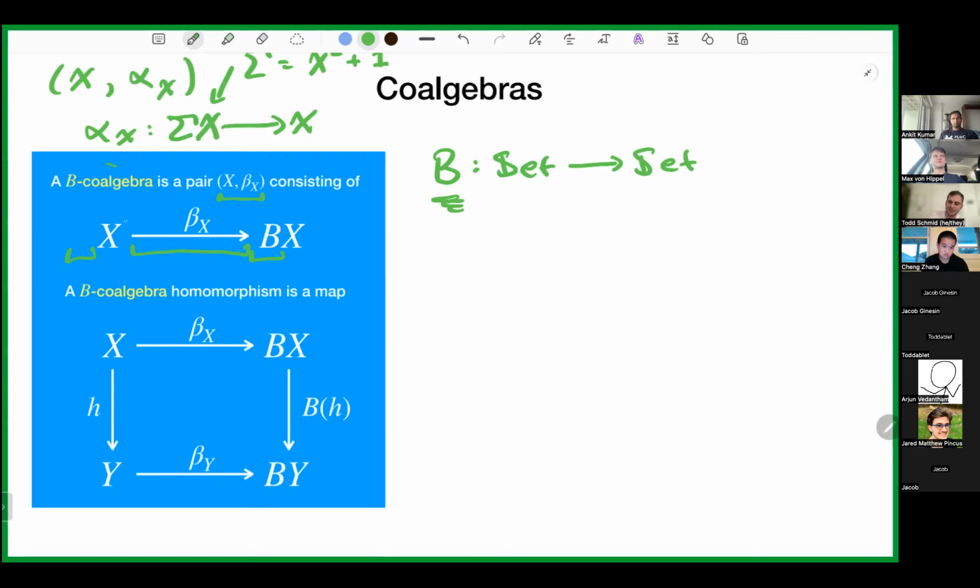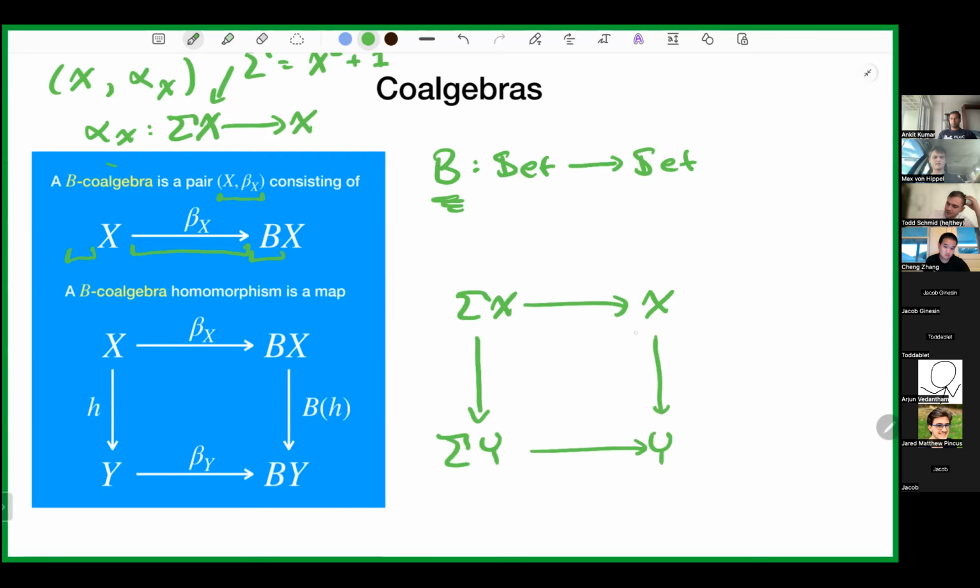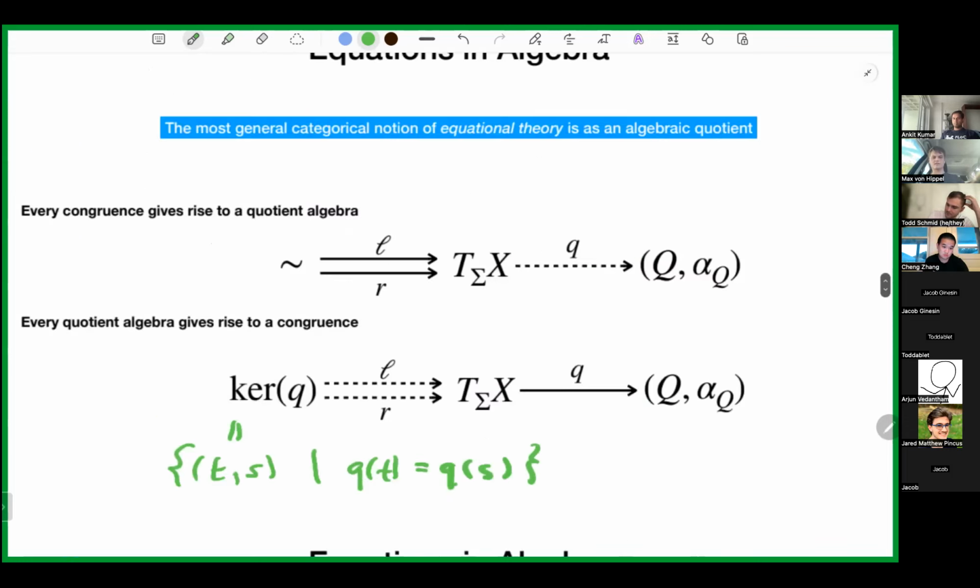That just takes each state to some computation of type B over the variables X. And a homomorphism of coalgebras actually flips the homomorphism of algebras picture around. So another way to characterize homomorphisms of algebras, if you're given two algebras over X, let's say this is alpha X, alpha Y.